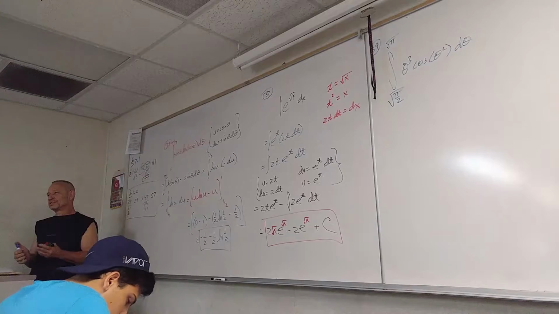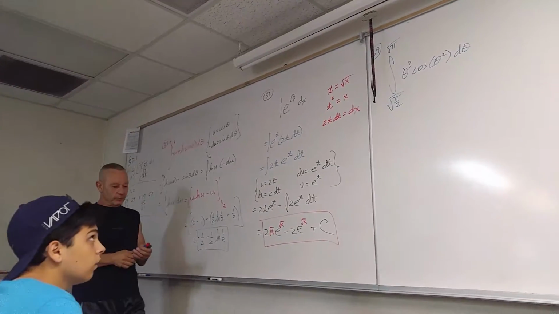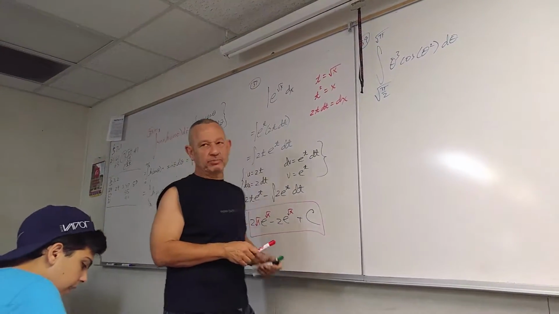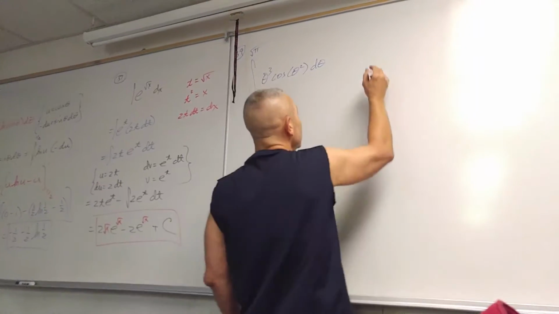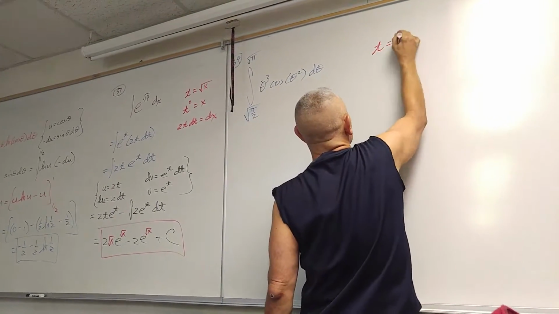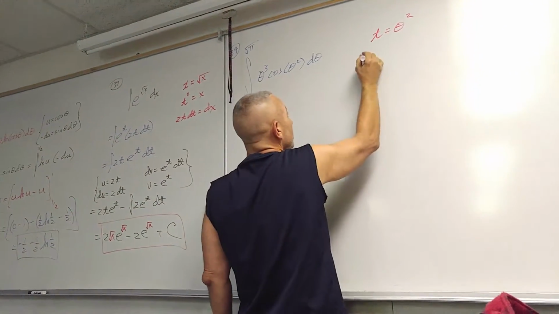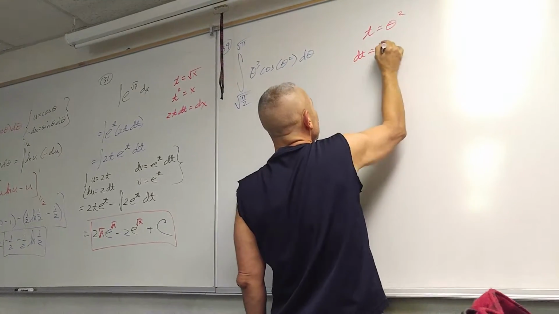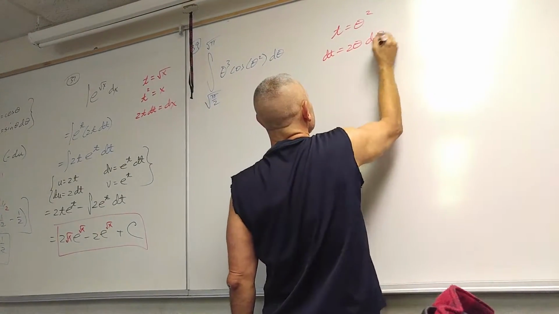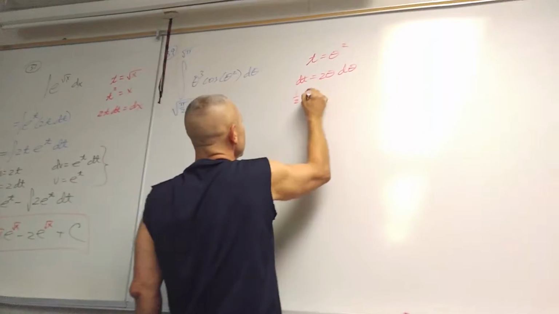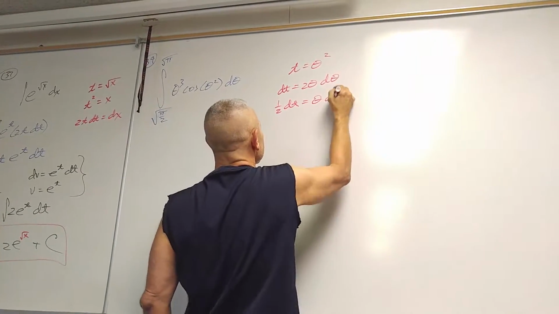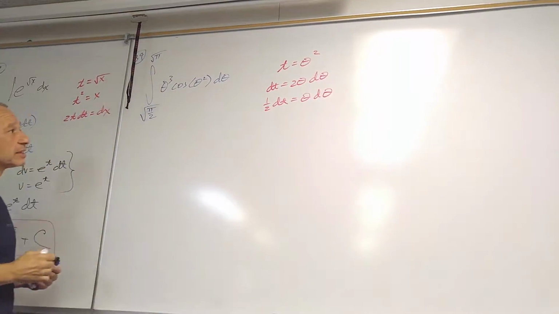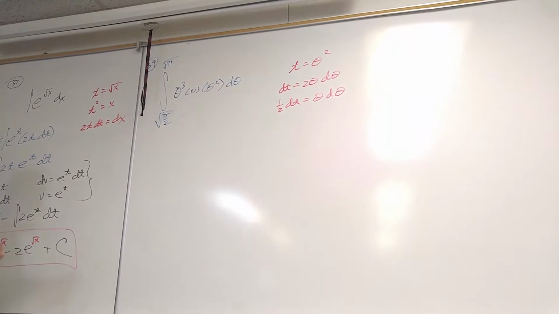Well, there's really only one thing that could possibly simplify here, and that would be to let t equal theta squared. Then dt is equal to 2 theta d theta, or 1/2 dt is equal to theta d theta. Do you see a theta d theta up there anywhere?